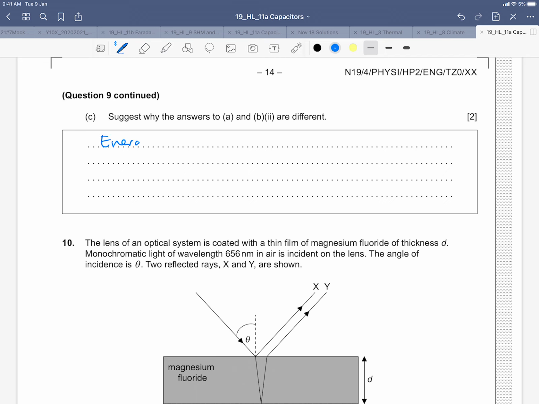So energy was dissipated in R as the current flowed through during the charging of Y. One capacitor charged the other.